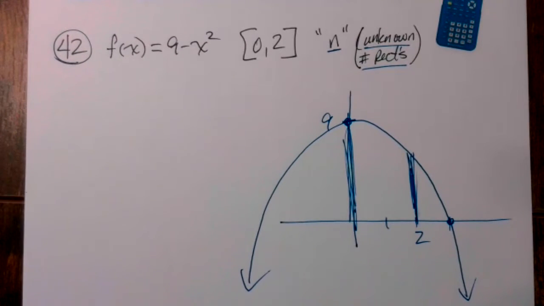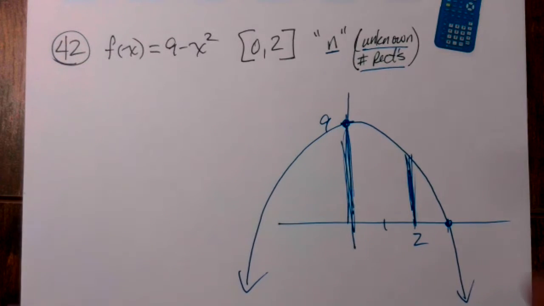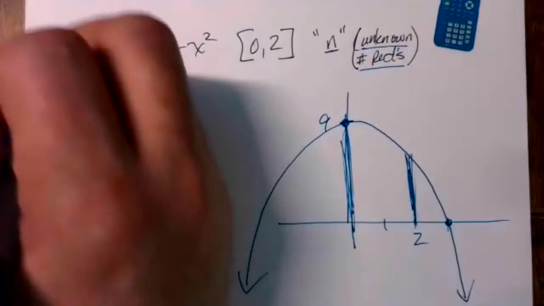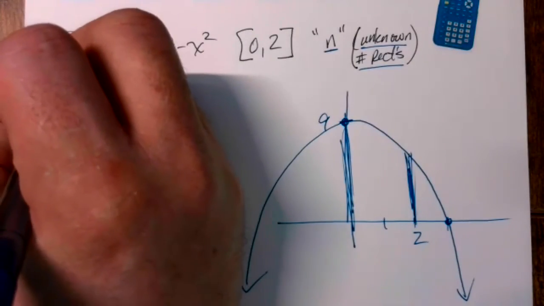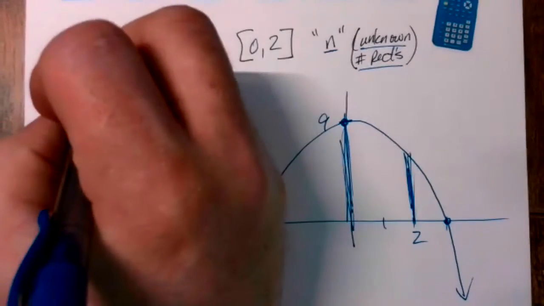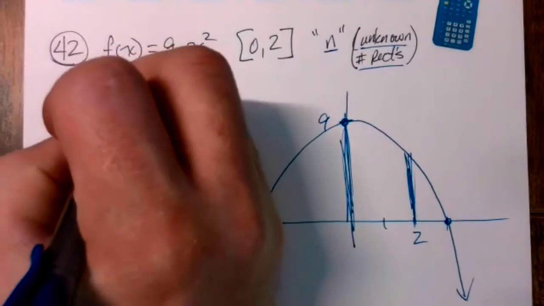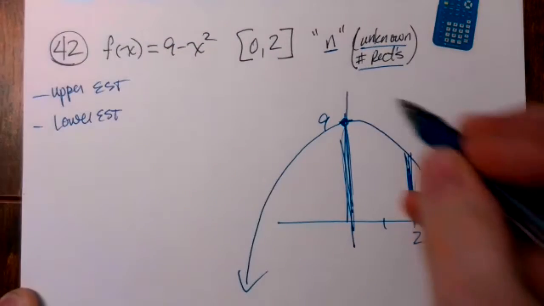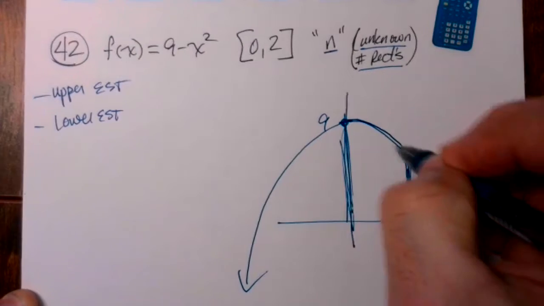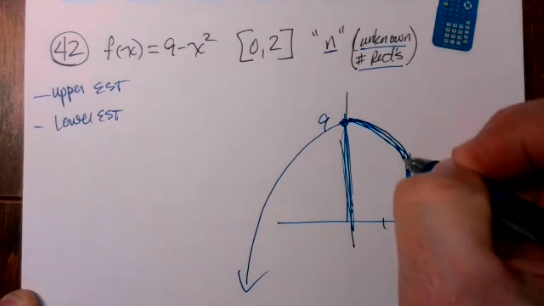I'm going to draw some rectangles, and then what we'll try and do is set up the math based on that. We want an upper estimate and a lower estimate. Now, worth noting that the section I'm looking at is strictly decreasing.